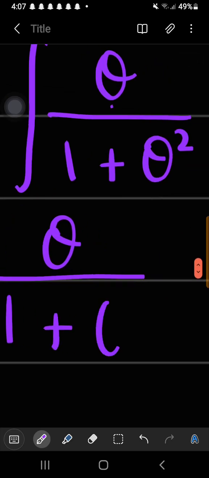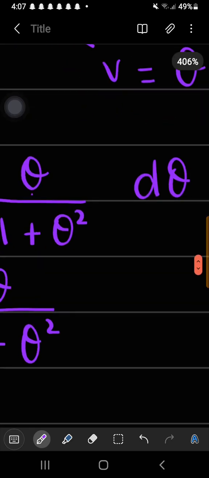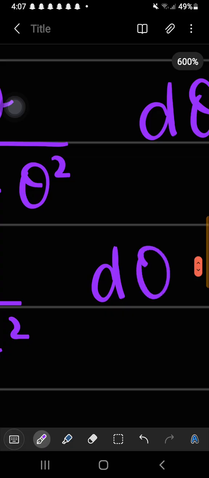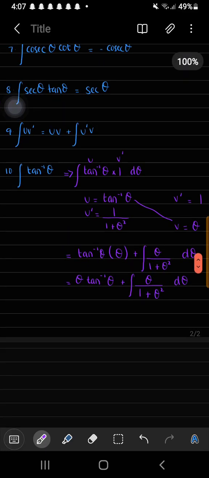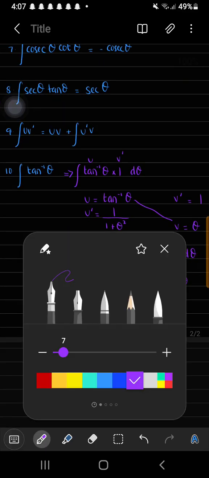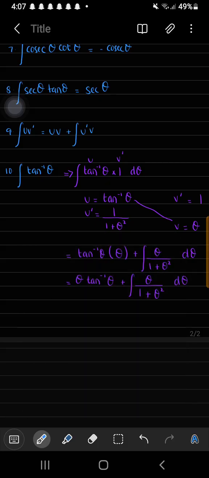Now before completing this, I want to introduce one more property. It's basically a shortcut. I want to introduce this as the 11th one, and we will use this in the 10th.